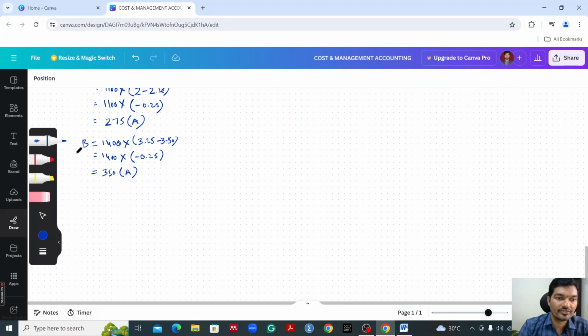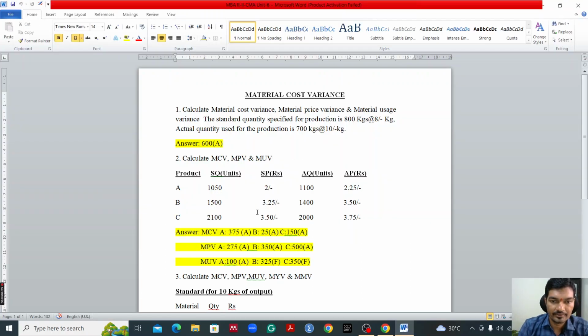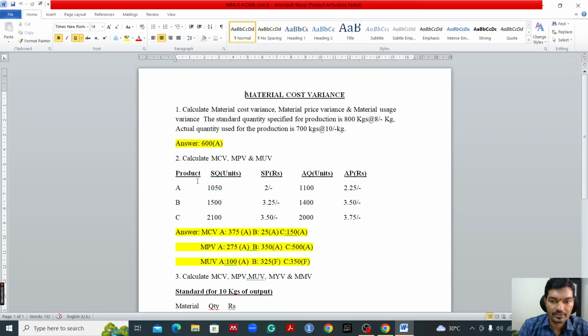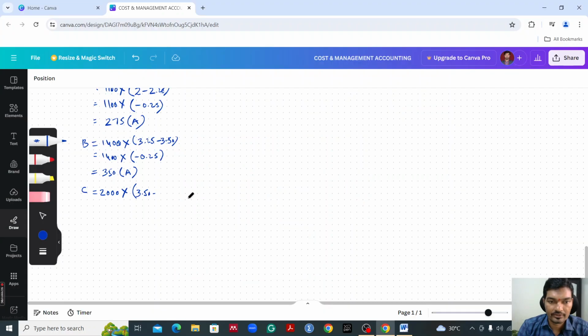So coming to product C, according to the formula, the actual quantity for product C, 2000, into standard price 3.50 minus actual price 3.75.